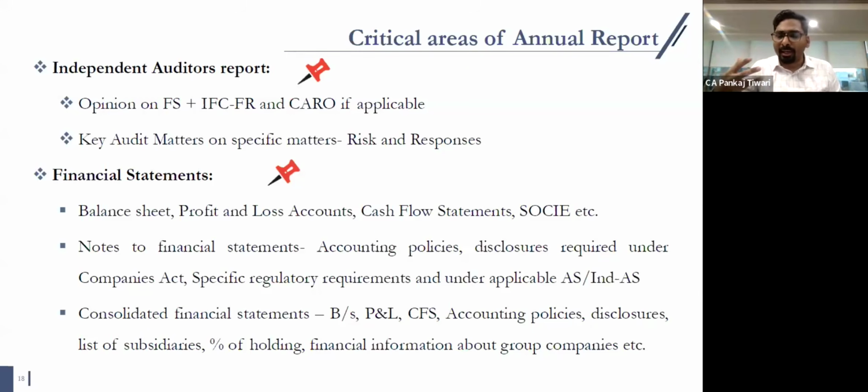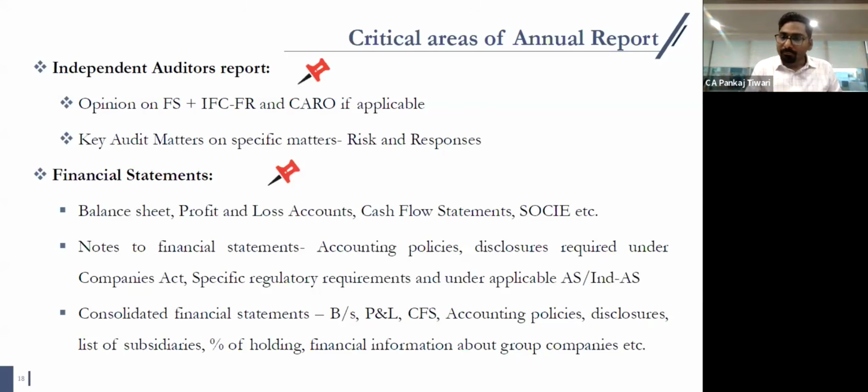The key audit matter, as a user, I should be aware that if the auditor has spent 100 hours on any particular engagement or assignment, what is the matter where he has spent most of his time? That is how, in layman's terms, the key audit matter gets decided.